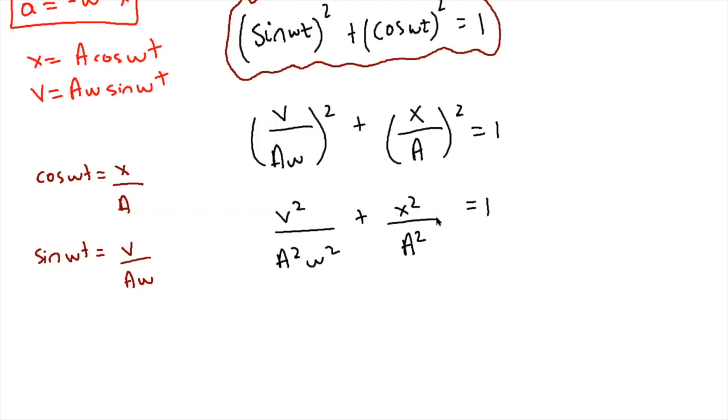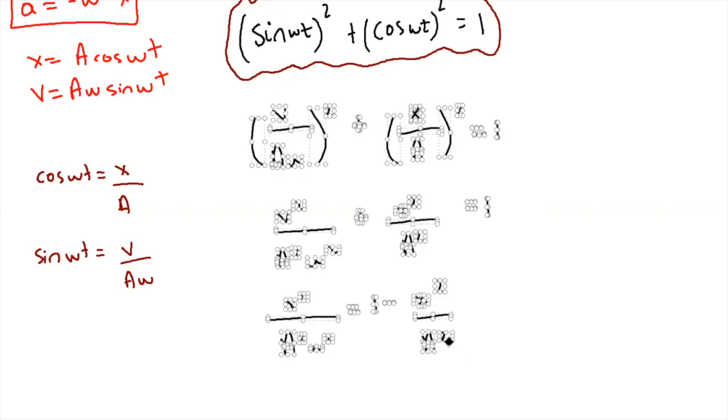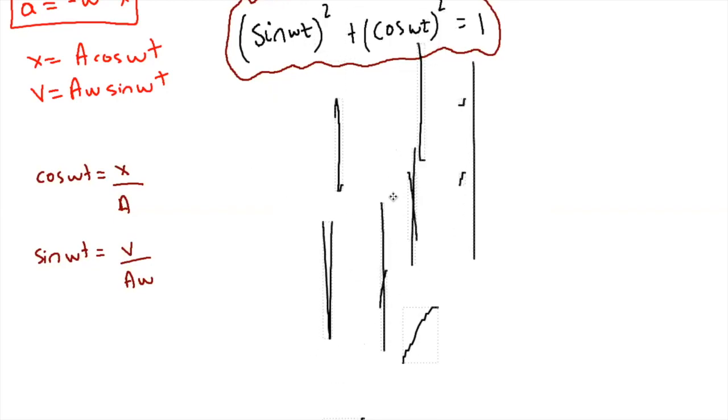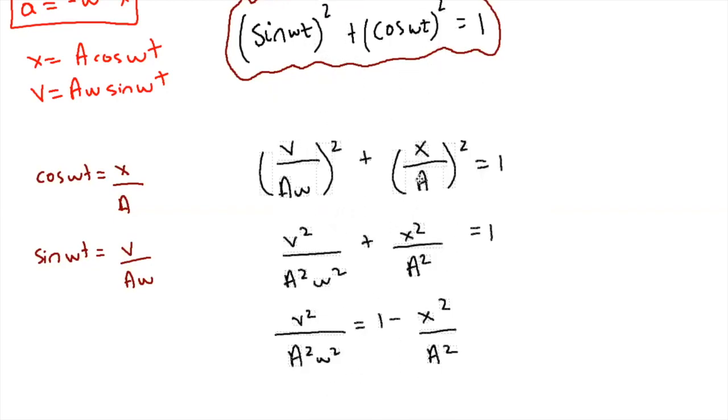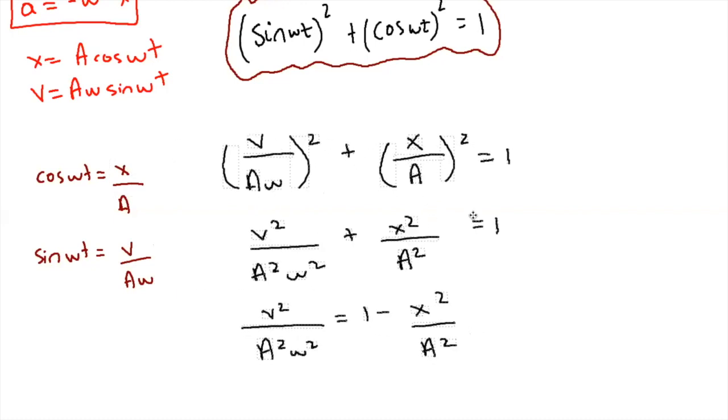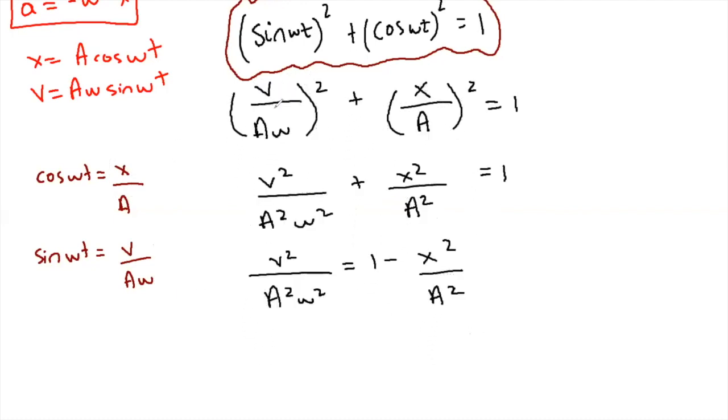Now what I'm going to do is move this to the other side. So we're going to get v squared divided by A squared omega squared is equal to 1 minus x squared divided by A squared. Let me decrease the size so I can write. Now, I'm going to take something called LCM.